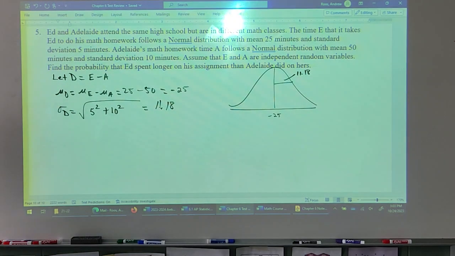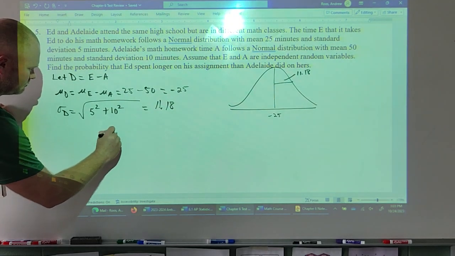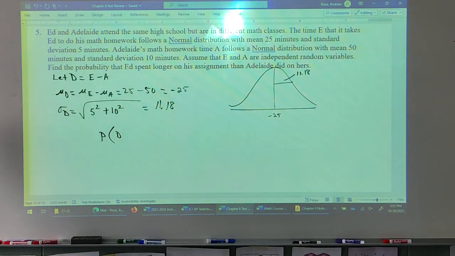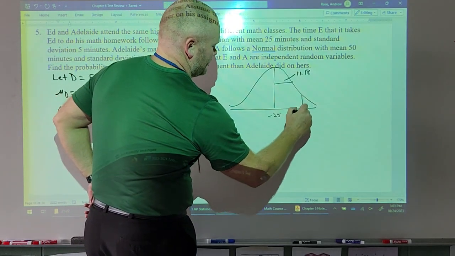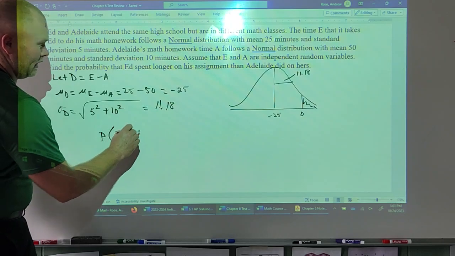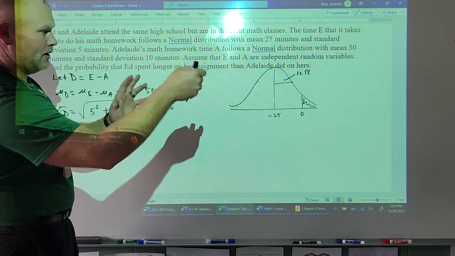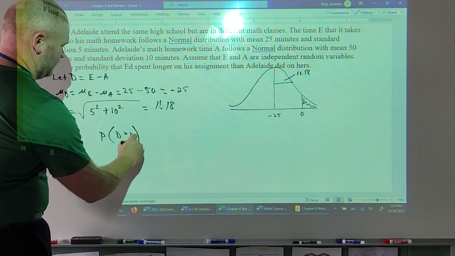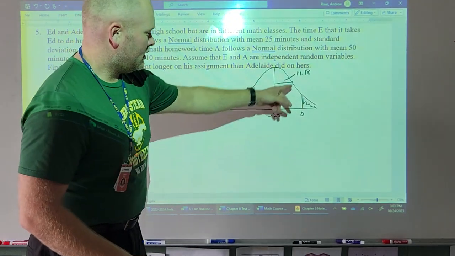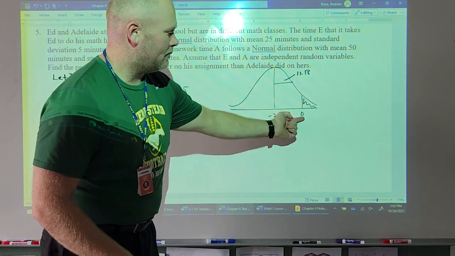So we would want to find the probability that the difference, E minus A, is what? What do we want to find? We want to find that the difference is above 0. We kind of go back to the whole E minus A above 0 thing that I started with. So normal distribution, mean, standard deviation, value of interest, find the probability above that.